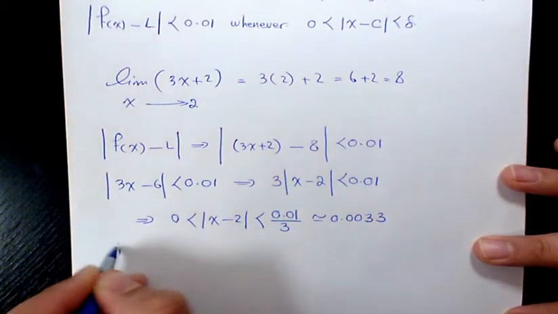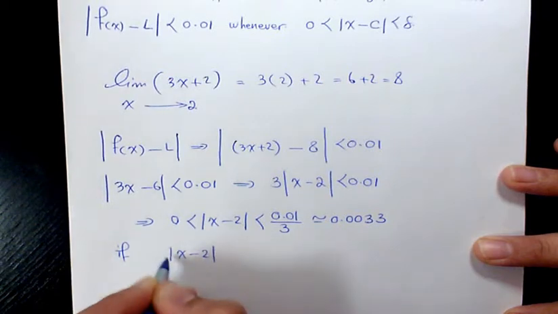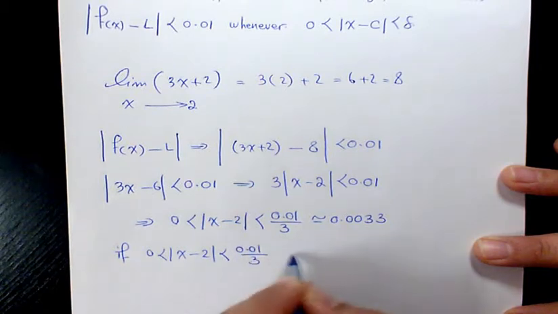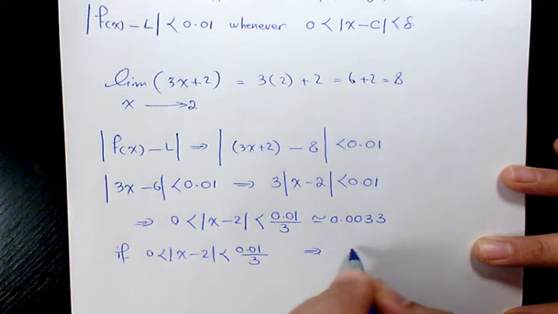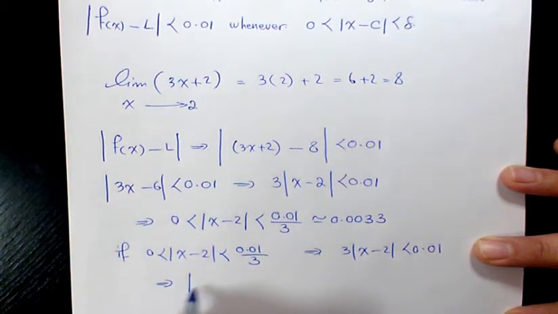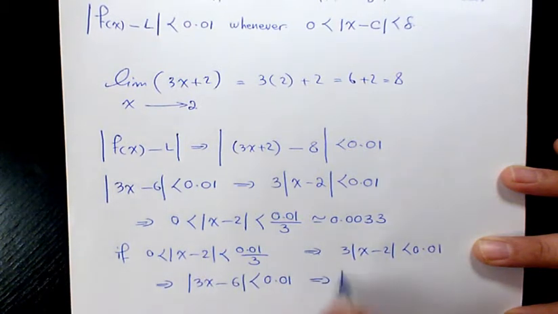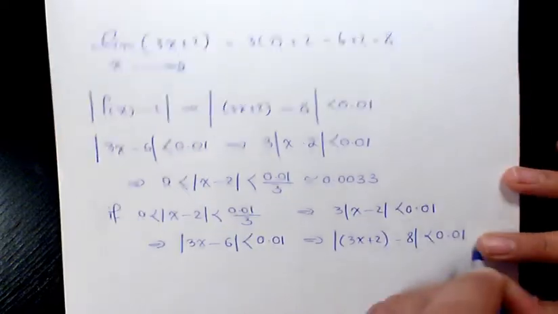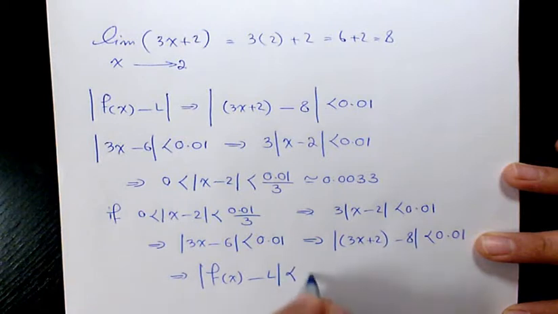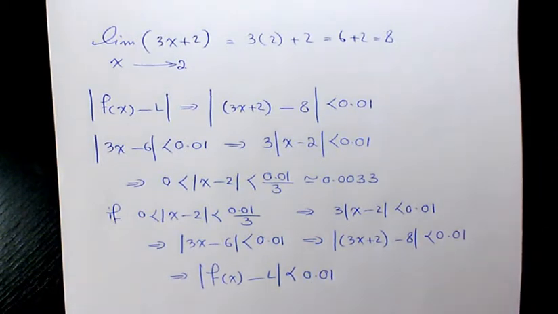So we're going to say that if the absolute value of x minus 2 is between 0 and 0.01 over 3, then 3 times x minus 2 is less than 0.01, and then the absolute value of 3x minus 6 is less than 0.01, so 3x plus 2 minus 8 is less than 0.01. And finally, we can prove that f of x minus L is less than 0.01. So that's basically how we show it.